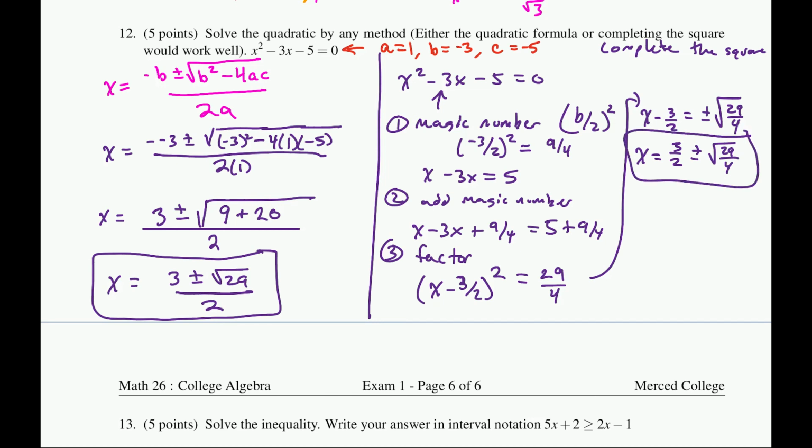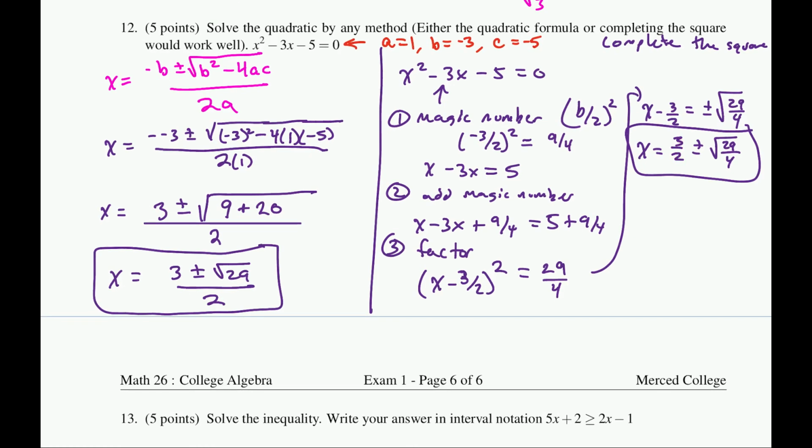And this answer right here is the same as this answer over here if you look carefully, right? Like 3 over 2. Square root 29 over 4, well, square root 29 is there, and the bottom is square root 4, which is 2, which is that 2, 29 over 2.